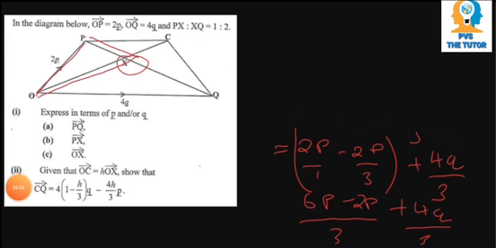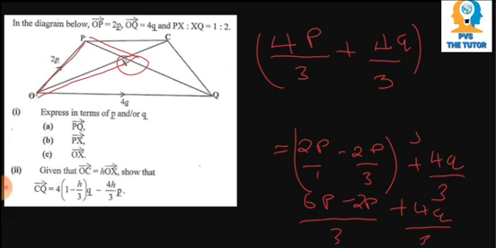Hence from there we can say that is 4P over 3 plus 4Q over 3. So this is vector OX. So take note of that.